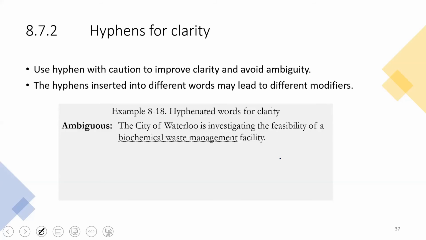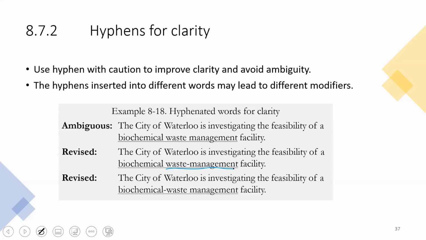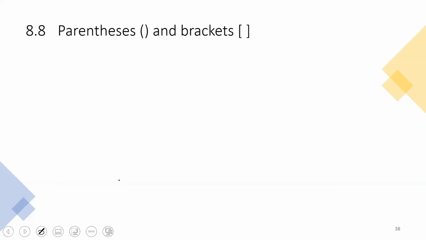So this is ambiguous. So you want to use a hyphen to clear that. Option 1, waste-management: it is a waste management facility by using biochemical process. Or you can say it is a biochemical-waste management facility.